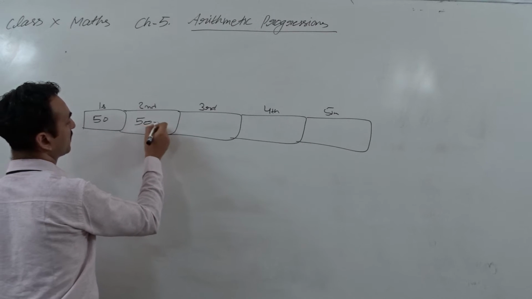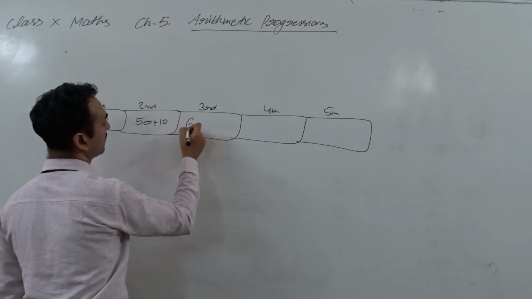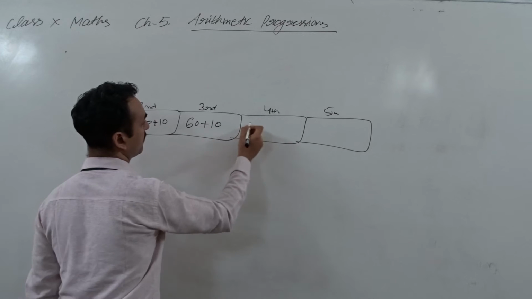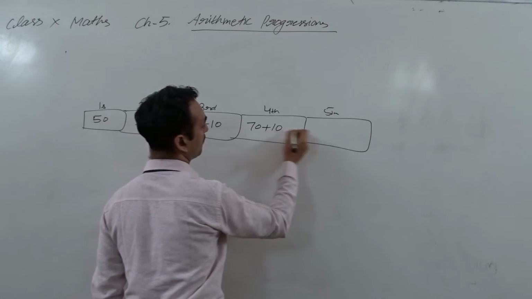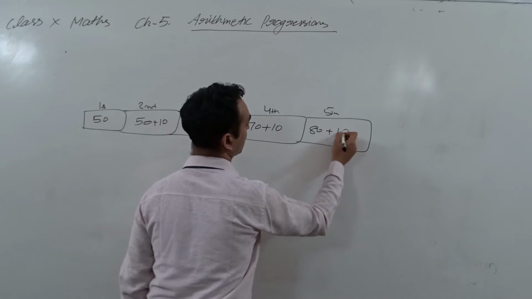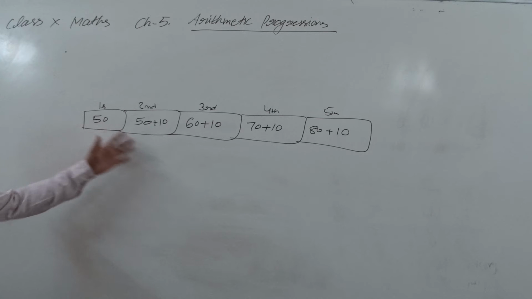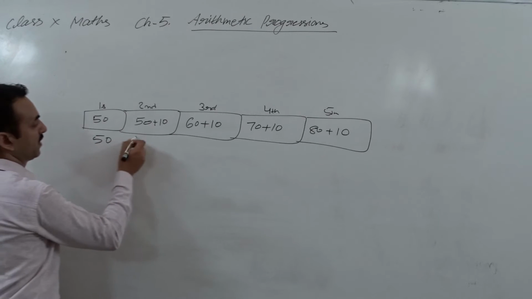So 50 plus 10, next 60 plus 10, next 70 plus 10, and next 80 plus 10. So this is also an example of arithmetic progression.